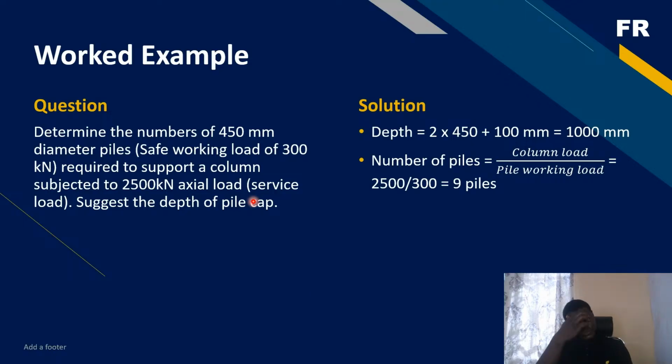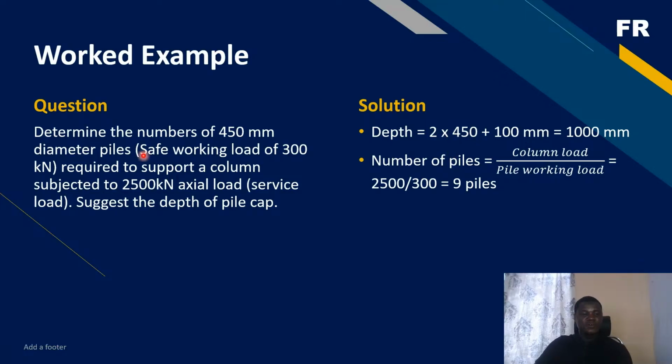This depth of pile cap formula is not actually absolute. When you do your actual design, you might end up with a depth slightly lower or slightly higher, but you should know that your depth should be in this range. This is just giving you a guideline. So the solution to this, if we take the latter question to suggest the depth of the pile cap, is using the formula that I listed in the previous slide.